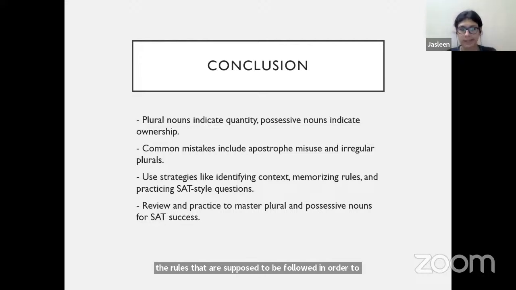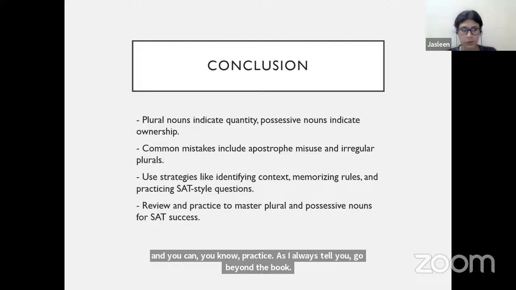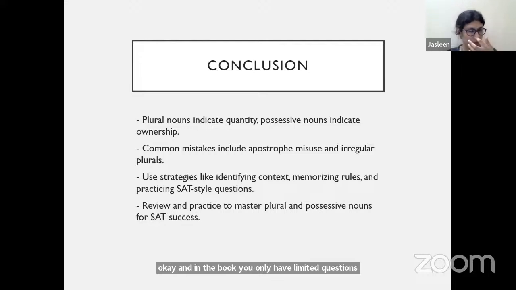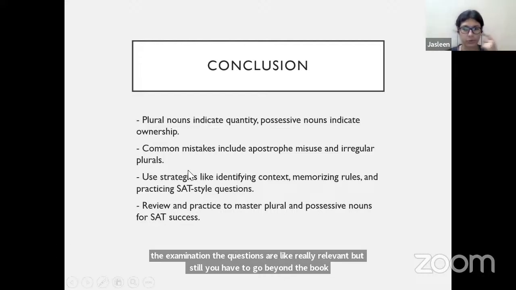But here you don't have anything like that, so it is quite simple. Yes, and you can practice. As I always tell you, go beyond the book. In the book you only have limited questions. Though the book provides you with questions that are actually asked in the examination and are really relevant, you still have to go beyond the book and research on your own for questions.